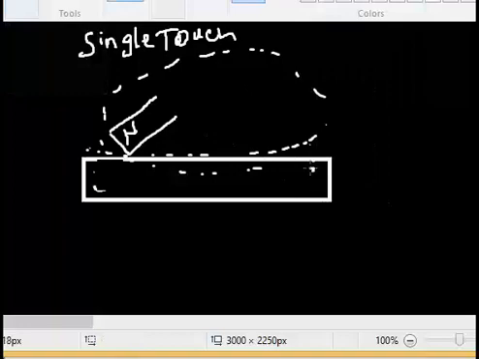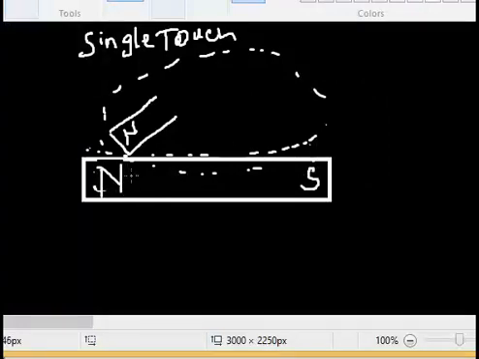This side is going to be south and this is going to be north, because as I start from here and go to this place, this side will definitely have an opposite polarity to the striking magnet. If this end is south, this point is definitely going to be north, so please take note of that.